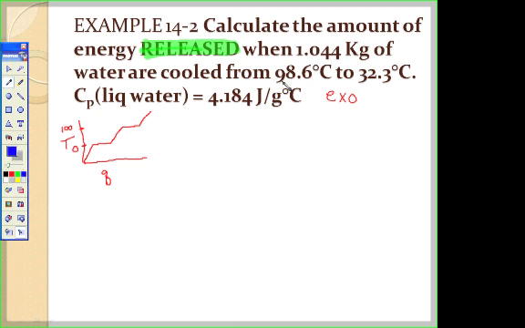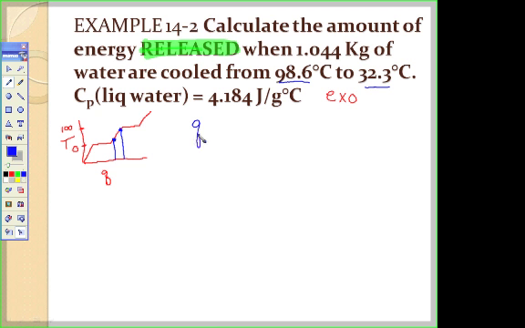So if I look at what I'm given, I'm going from 98.6, so I'm a little bit below the boiling point, down to 32.3. So all I have is one step. And that one step involves a temperature change.